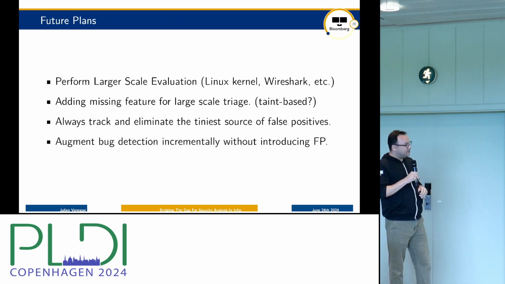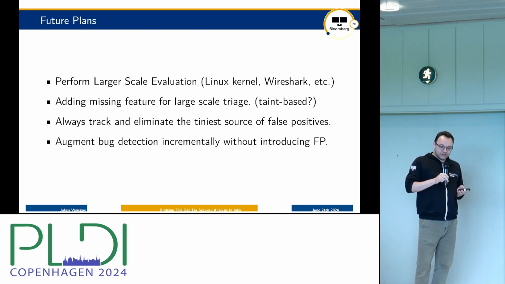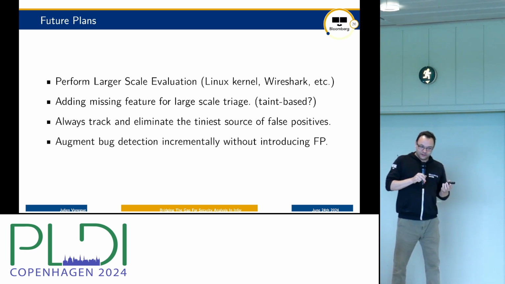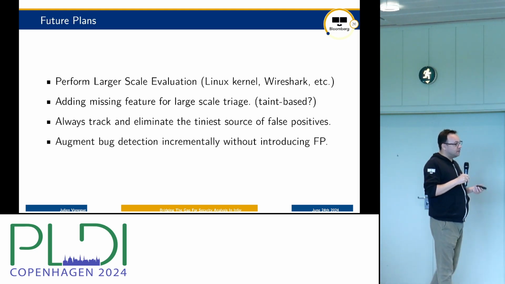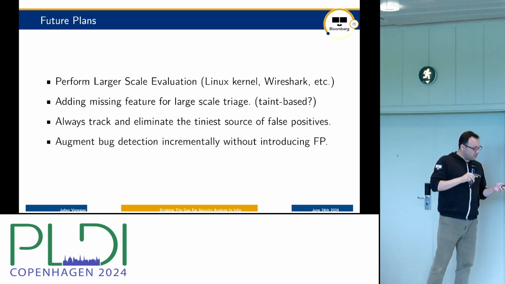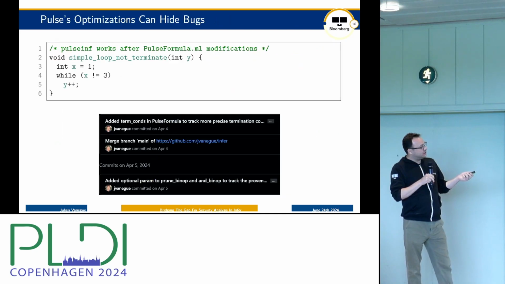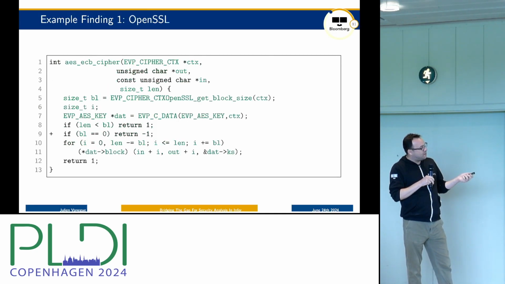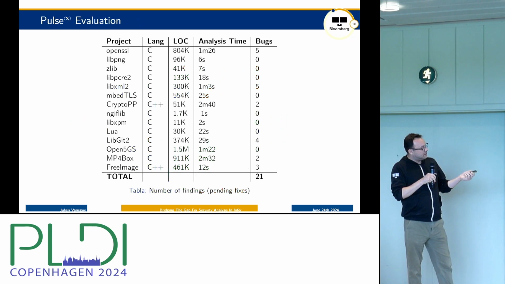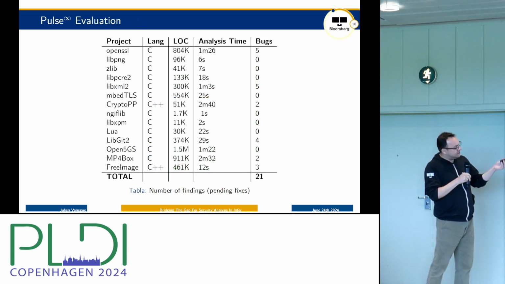All right, what are the future plans? We want to do more larger scale evaluation with Pulse and Infer, obviously. We started analyzing the Linux kernel and Wireshark. One of the things I actually failed to mention when I showed my evaluation is how amazing performance is with Pulse. Look at this analysis time.